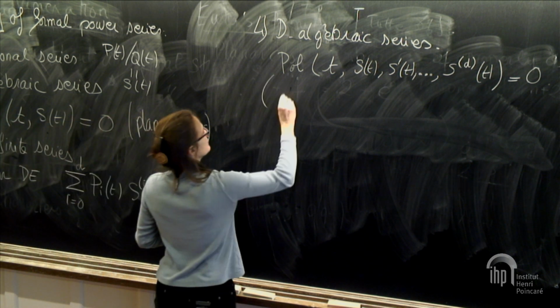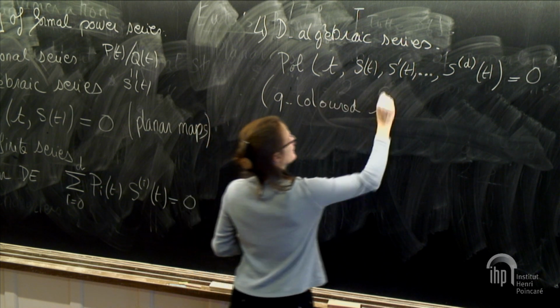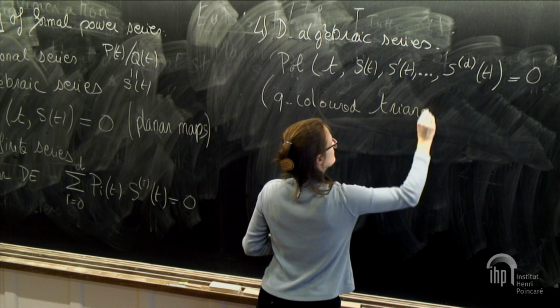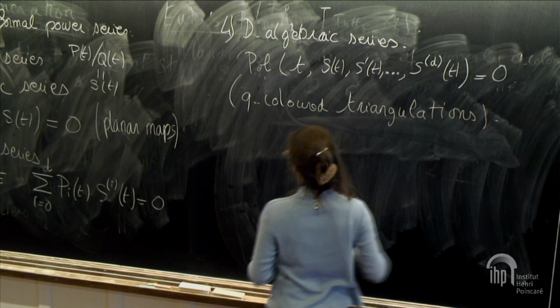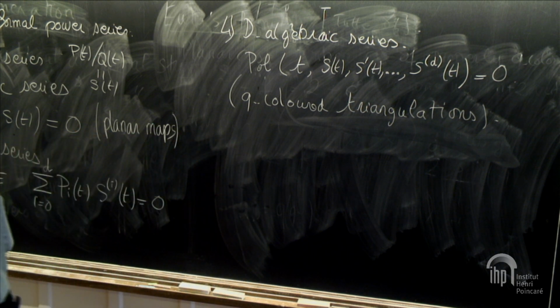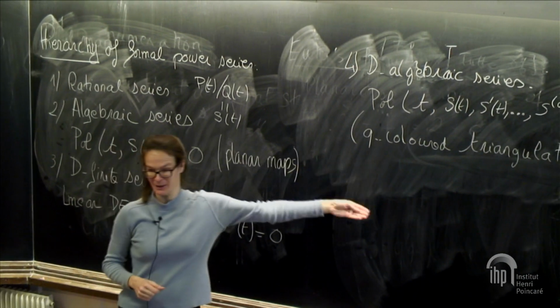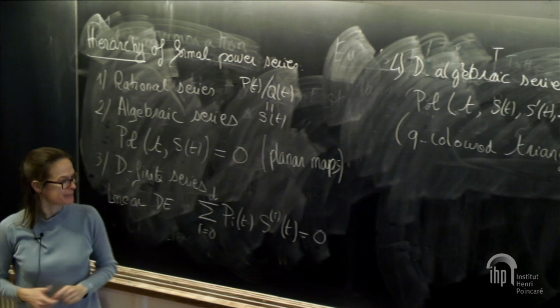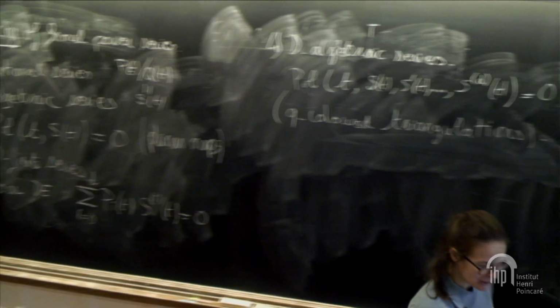So one instance is a colored triangulations. And so when we'll move from the first part of my talk, we'll essentially move further up in this hierarchy. And of course, there are all the unsolved problems that possibly lie beyond that. I don't know. OK, so this is enough for definitions.